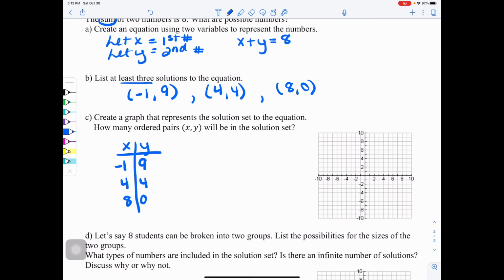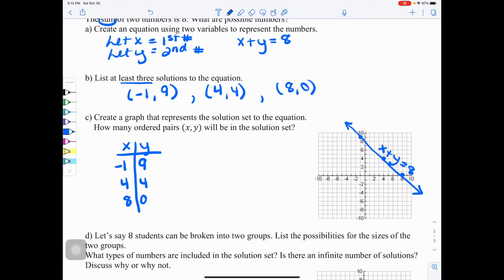So we will plot -1, 9, 4, 4, 8, 0. Remember all the details of the graph that you have to have. So we're going to connect them with a line, arrows on both ends, label the line with the original equation.